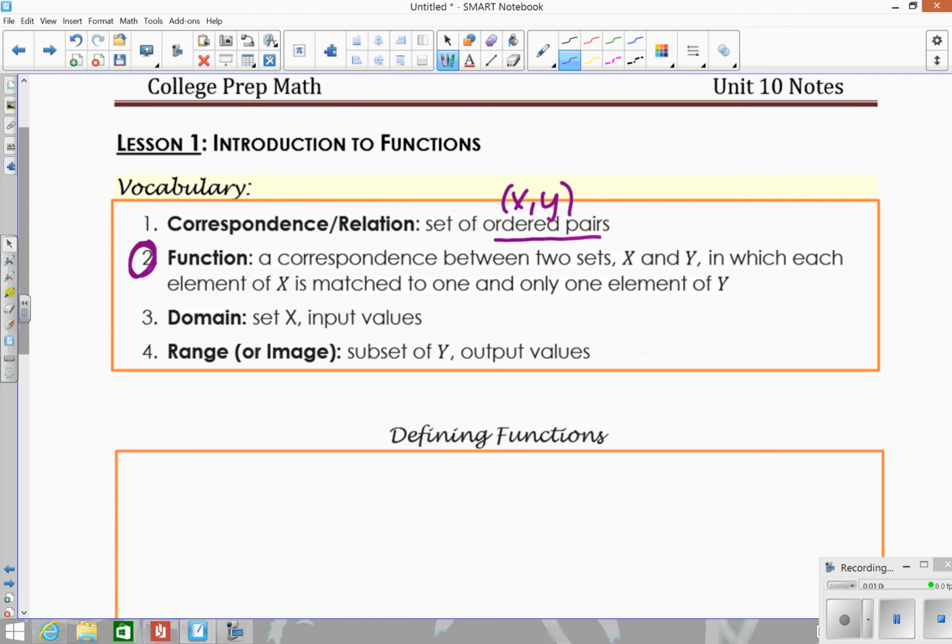The function definition is going to be the most important definition. A function is a correspondence or relation between these two sets, between x and y, but it has to follow this rule. Each element of x has to be mapped to one and only one element of y. Another way of thinking of this is each input has only one output.